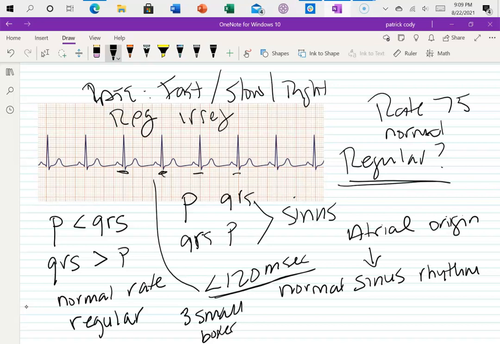And we call any rhythm that originates above the ventricle supra, meaning above, ventricular, so supraventricular. And so sinus rhythm, plain Jane vanilla normal sinus rhythm, is an example of a supraventricular rhythm. Okay, so we have P waves telling us that this is coming from the atrium, most likely the sinus node, and we have narrow QRS complexes less than 120 milliseconds telling us this is supraventricular.